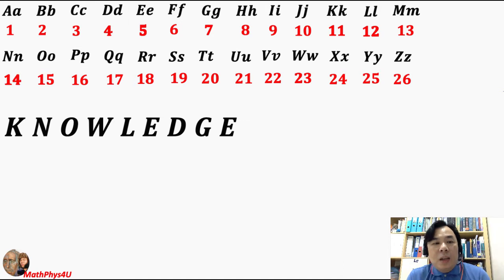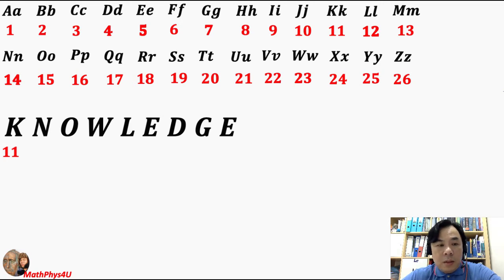Okay. Now knowledge is spelled K-N-O-W-L-E-D-G-E here. All right. Now I'm going to assign K with 11 based on the chart that we are using, or based on the number assignment. So K will have a numerical value of 11.